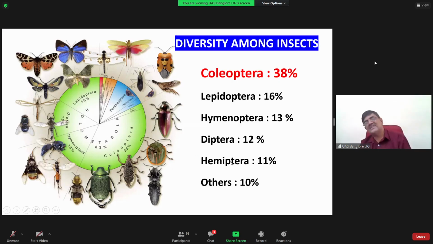The bugs or the hemipterans contribute 11%. And the rest, the others, may contribute 10%. So what I wanted to say is, among the insects, the coleopterans, that is beetles and weevils, take the major share, around 38%.